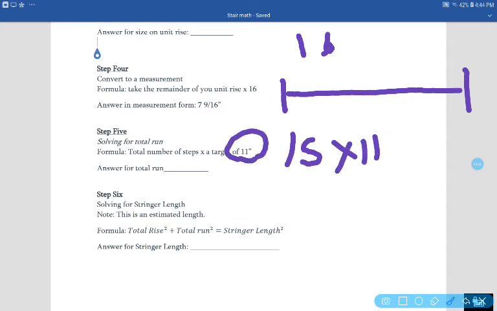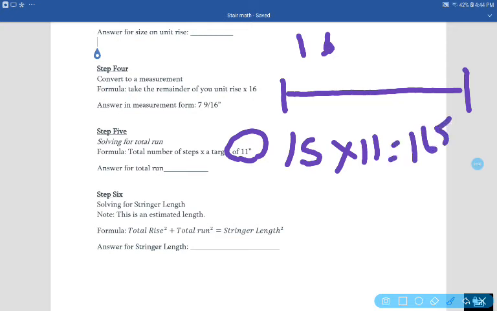The smallest you can go is 10 if you have a nosing, but typically you want to be at around 11. You can actually go bigger. There's no restriction on how big they can be, but for a normal house, as close to 11 as you can get is realistic. So in this case, 15 times 11 is 165.